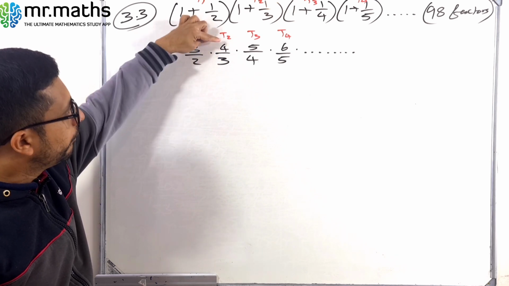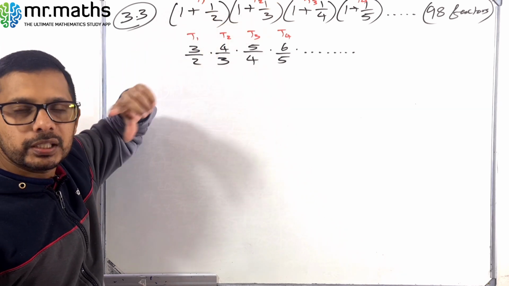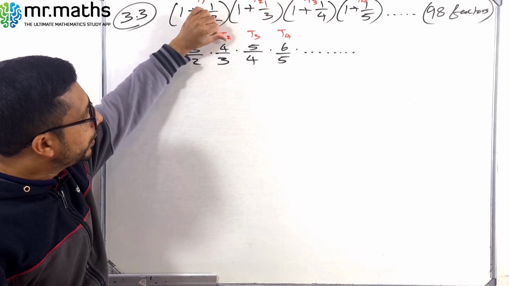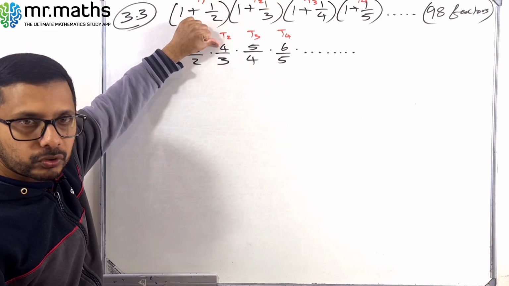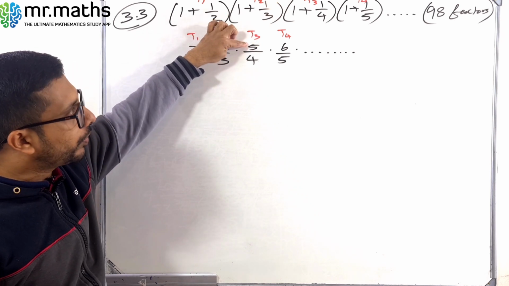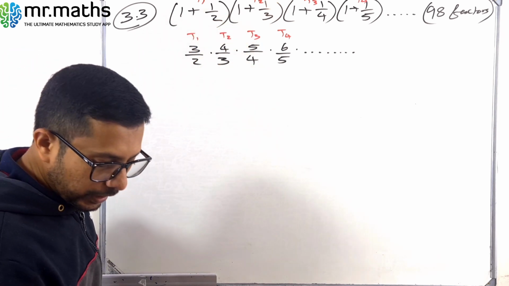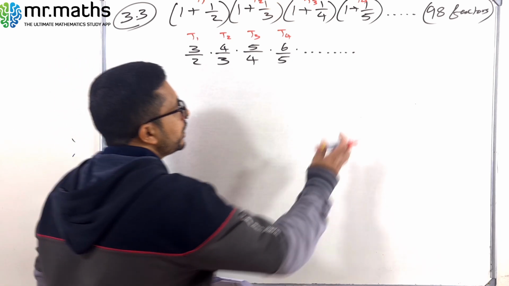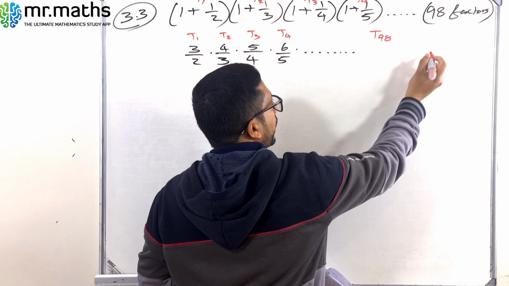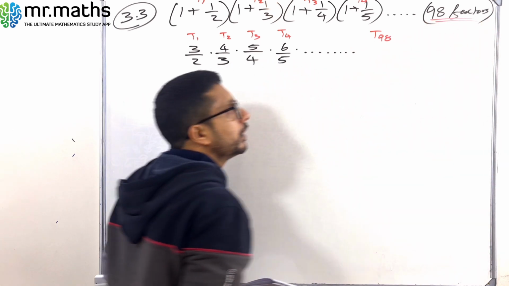Try to understand the pattern, how it is going. When here it is 2, here it is 3 and 4; 3, 4 and 5. Similarly, 98, if I write T98, because here it is 98.